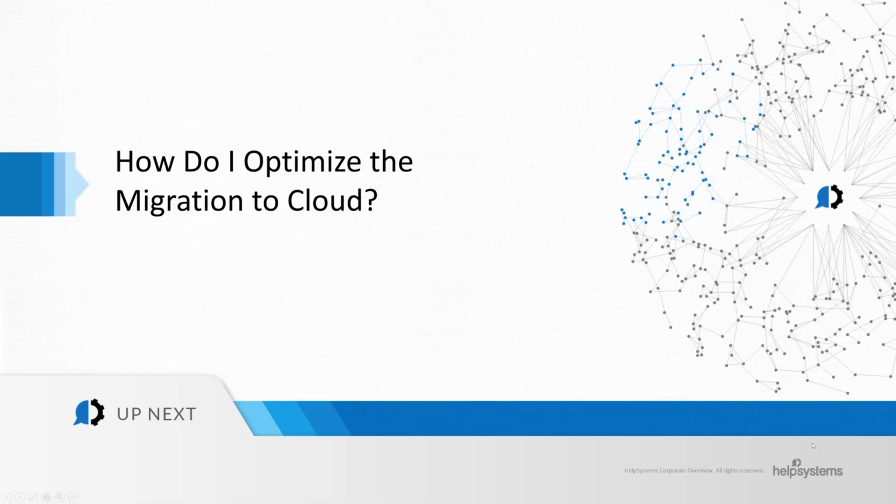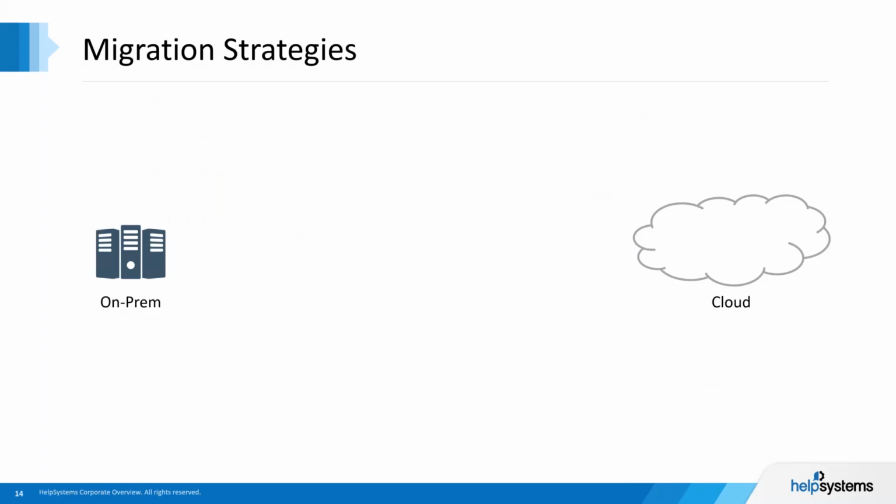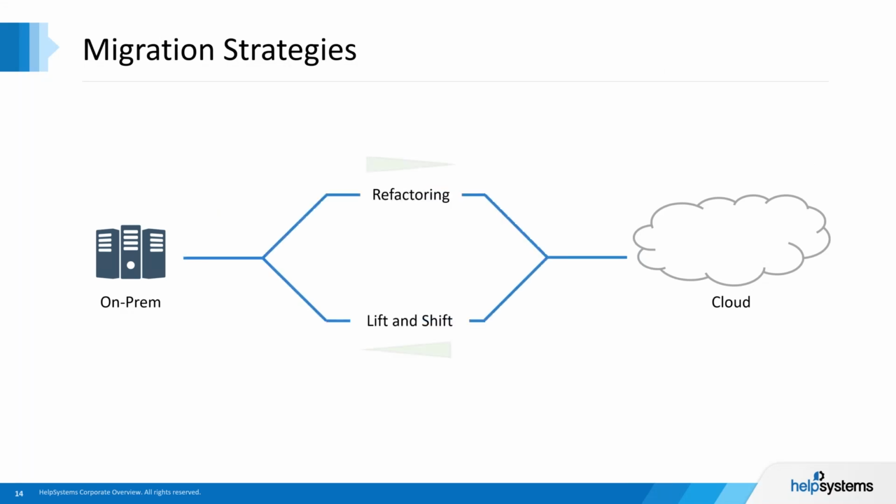So how do I then optimize the migration to cloud? Let's look at what the options are. Basically you're going from an on-prem to a cloud existence. The two default choices are either refactoring your application, where you start from the ground up and redesign it, or modify it so that it fits better into a cloud architecture, or you do the simple lift and shift where you take your application as is and move it over.